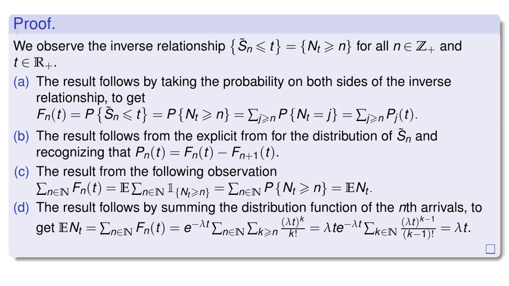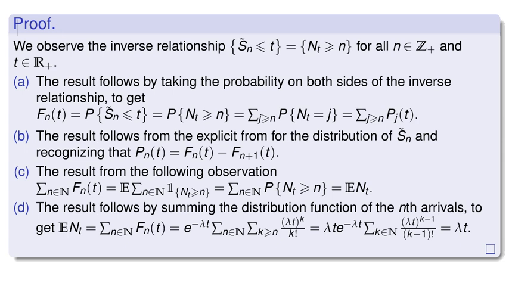D, this result follows by summing the distribution function of the nth arrivals. Expectation of N_t is the sum over n in N of F_n of t. Substituting the form of F_n of t and performing the summation, which involves recognizing series expansions related to the exponential function, we find it simplifies to lambda t.